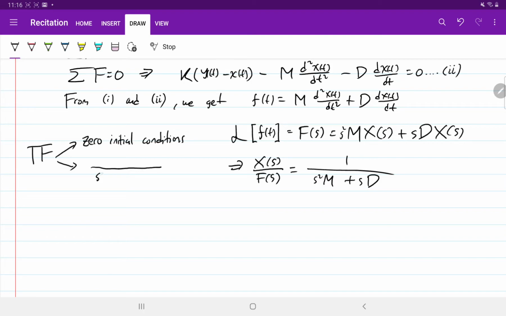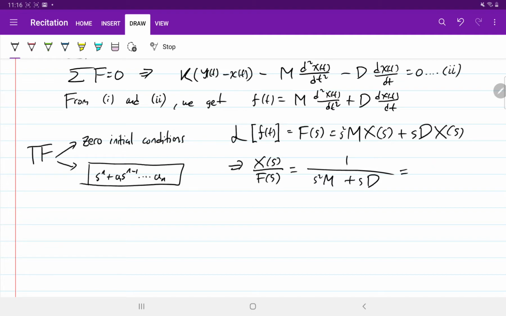So you have s to the power n plus a1 s to the power n minus 1 up to a n. Also on the numerator similarly, you need to express it in this form of polynomial.